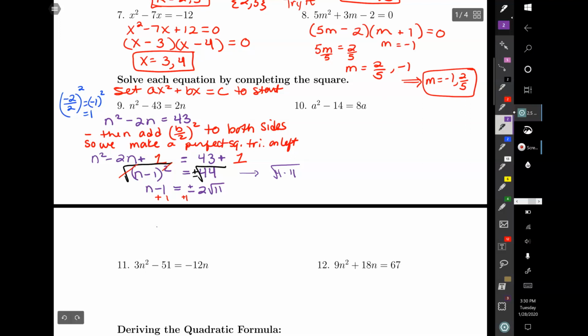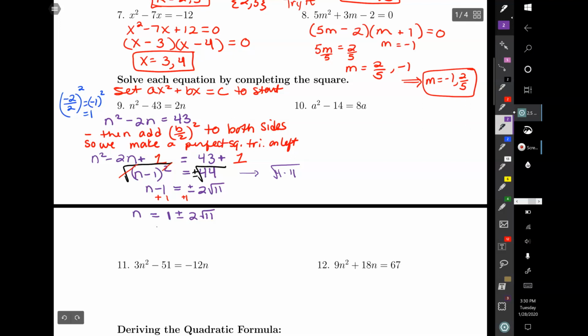That's really important. So we would have n by itself equals 1 plus or minus 2 square root of 11, because we cannot add unlike terms. So, I mean, that radical kind of acts like an apple, and this 1 is like an orange.